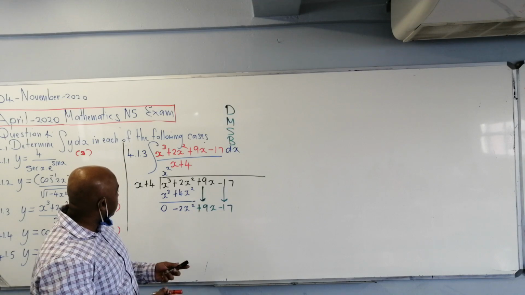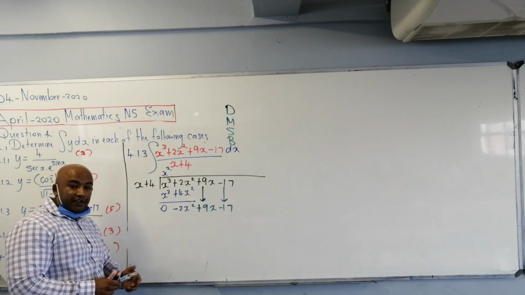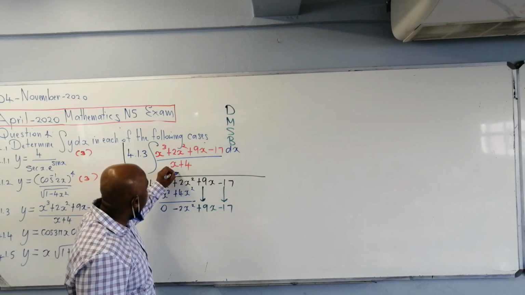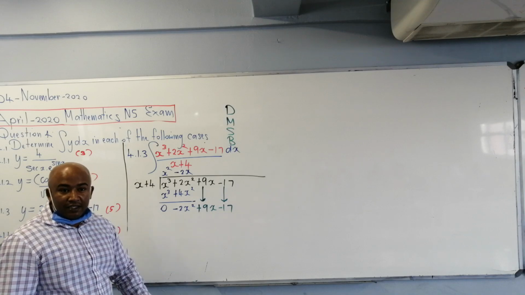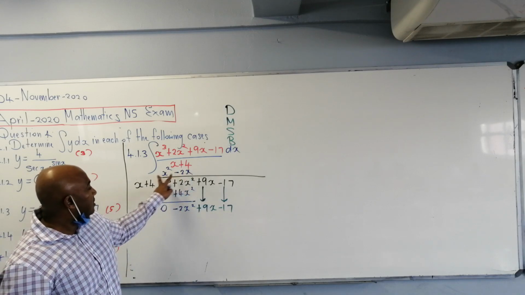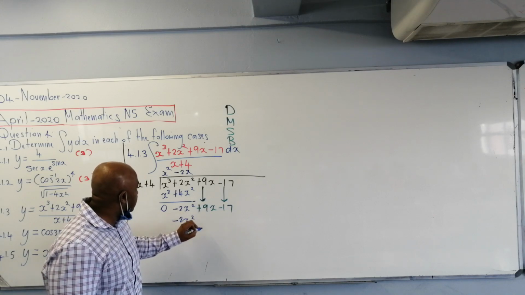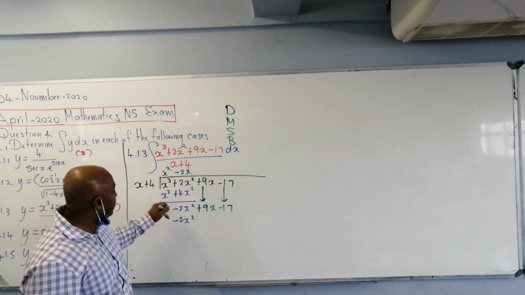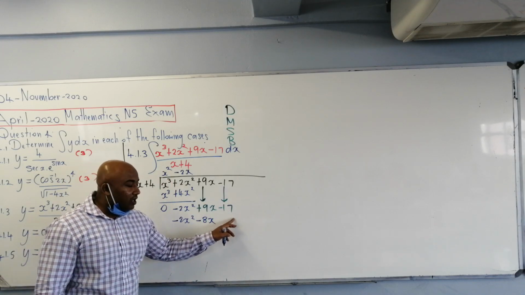So minus 2x squared divided by x is going to be minus 2x. Multiply the answer that you just worked out by everything here. Minus 2x times x is minus 2x squared. Minus 2x times 4 is minus 8x. There is no constant here.